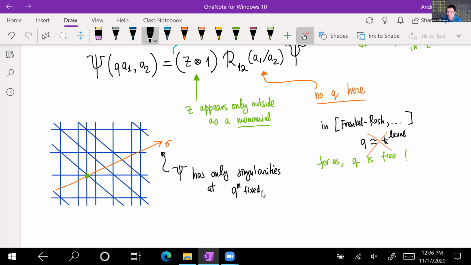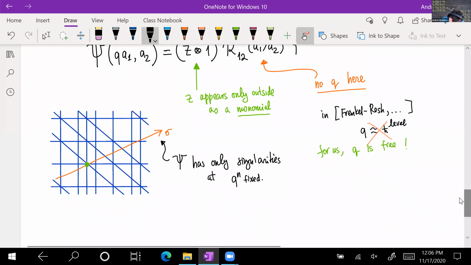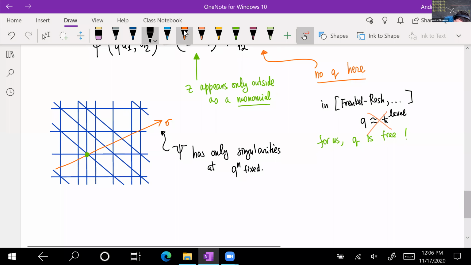What does it mean? This is not what typically happens. So if I have some weight, so this is sigma of, so to speak, C star, right? So why is it typically not the case?